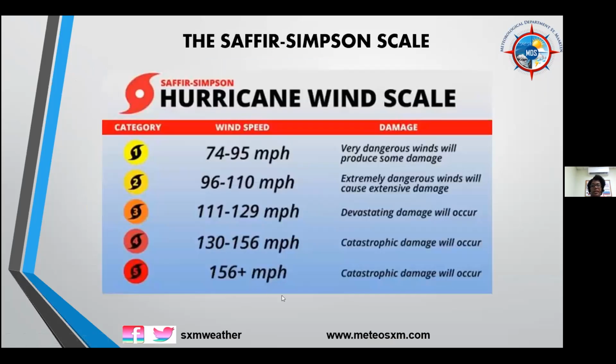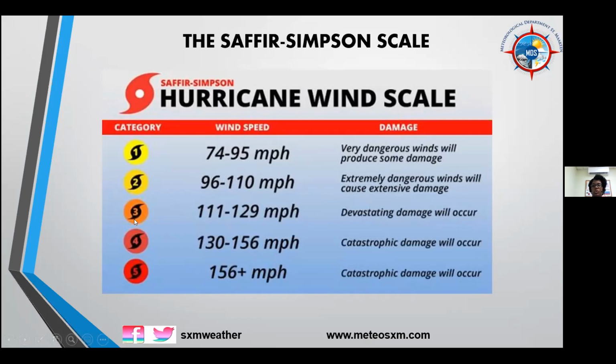When it's a hurricane, you have different categories. The categories are like a scale or a measuring stick for hurricanes. It was designed by somebody called Saffir-Simpson, so that's why it's named the Saffir-Simpson scale. We have the category 1 where the winds are 74 to 95.